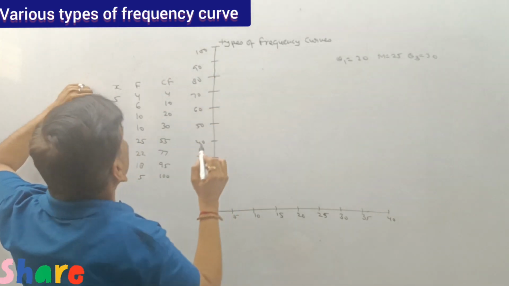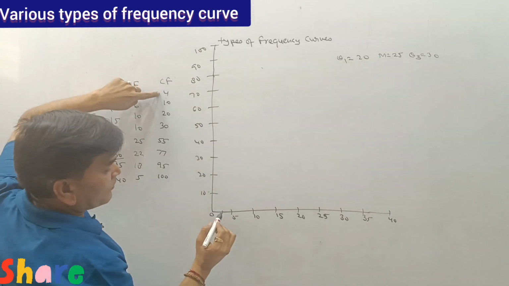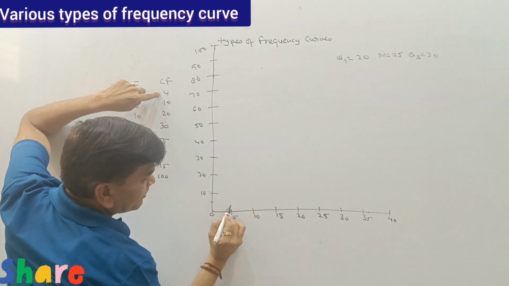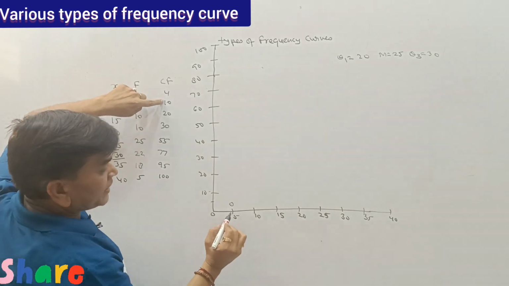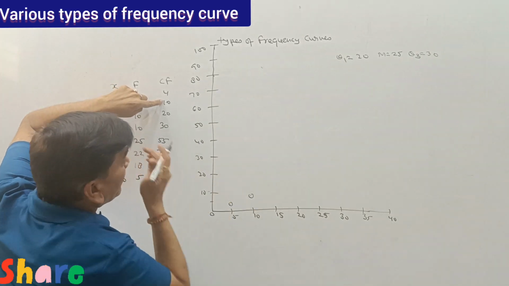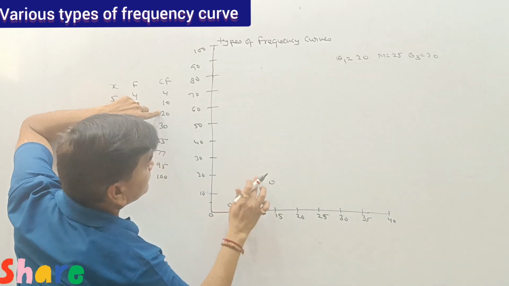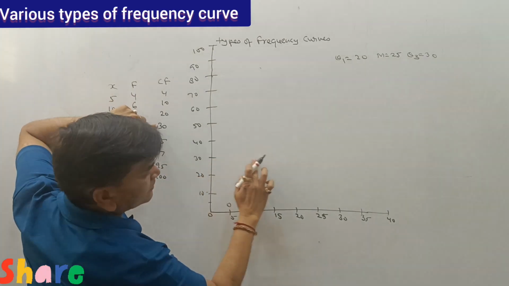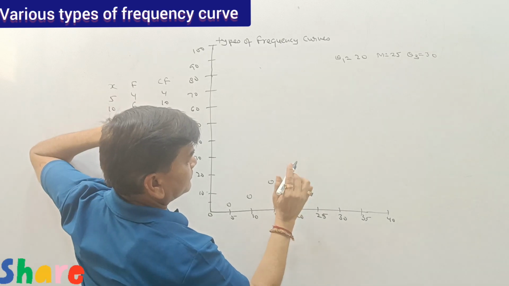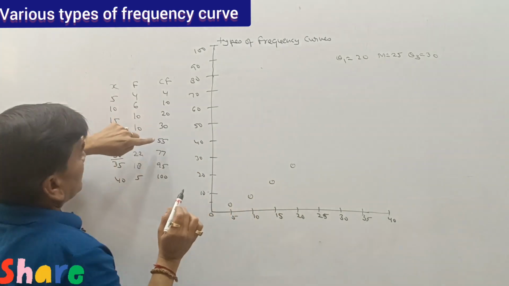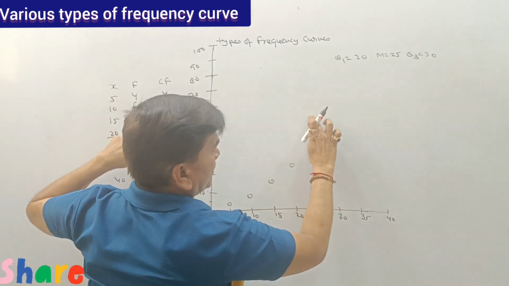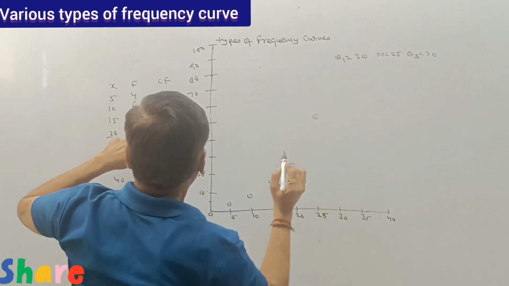So we will plot CF first. CF is 4, then 10, then 20, then 30. Then 55, that is 50 plus 5.